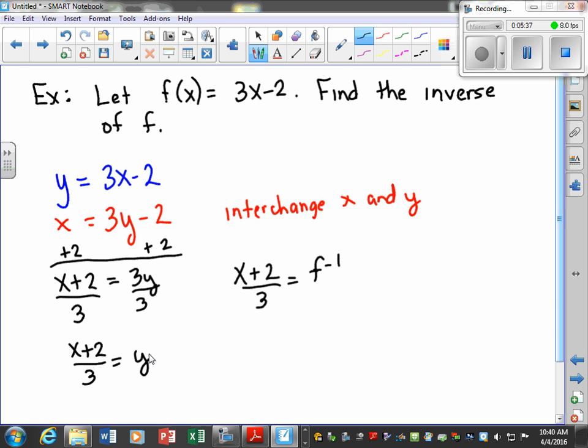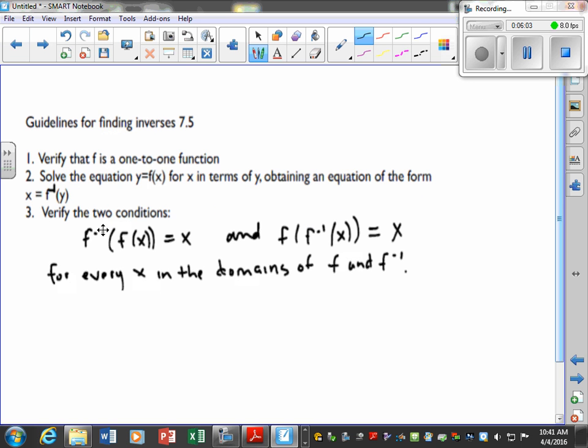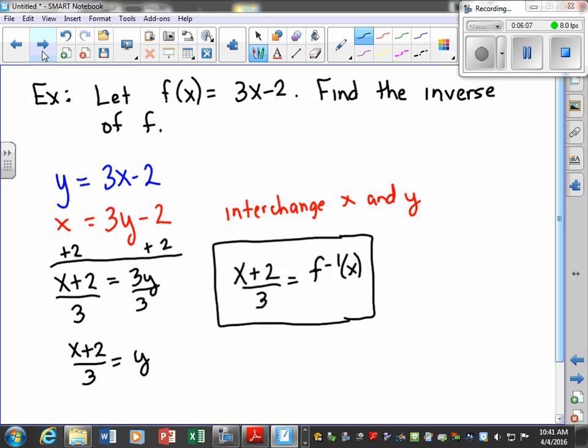So when we solve this for y, that ends up being our f inverse. So this is the inverse. If f of x is 3x minus 2, this is the f inverse of x. Okay, now that's the inverse, but now we've got to verify the condition. So the next thing we want to do is verify that these two conditions are true. We'll do that on the next page.